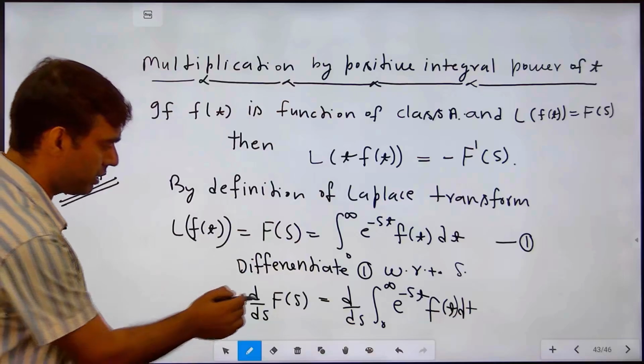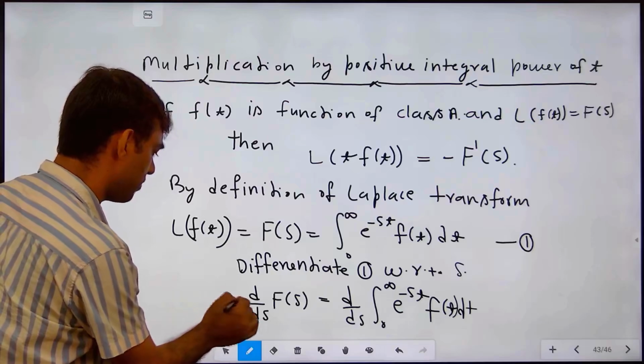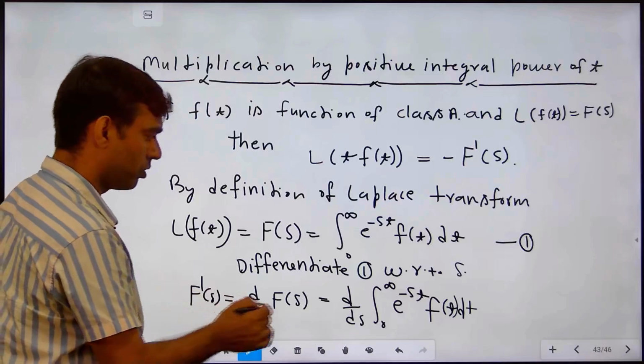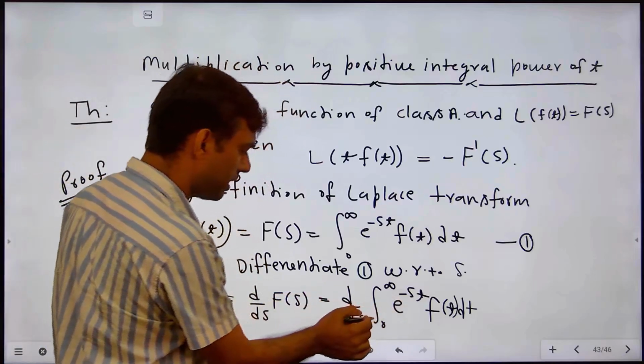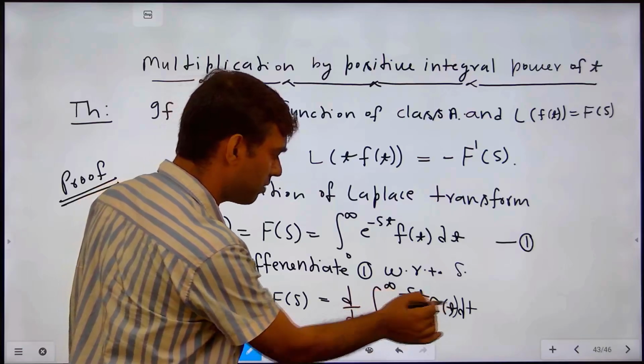If we differentiate the left hand side, this is F dash s. And if we differentiate the right hand side under the integral sign, this becomes d by ds of the integral from 0 to infinity of e to the power minus st f(t) dt.